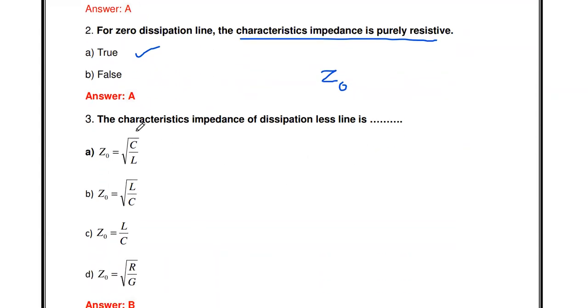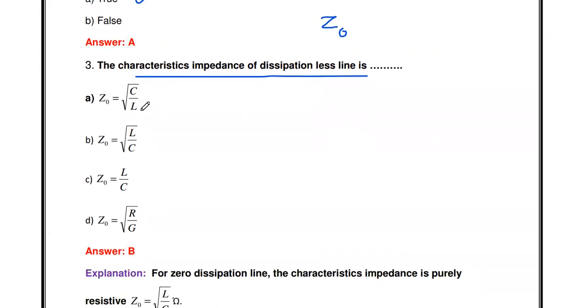What is the characteristic impedance of a dissipationless line? Zero dissipation line is otherwise called a dissipationless line. For zero dissipation line, the formula is Z0 equal to square root of L by C. So the characteristic impedance is a purely resistive component.